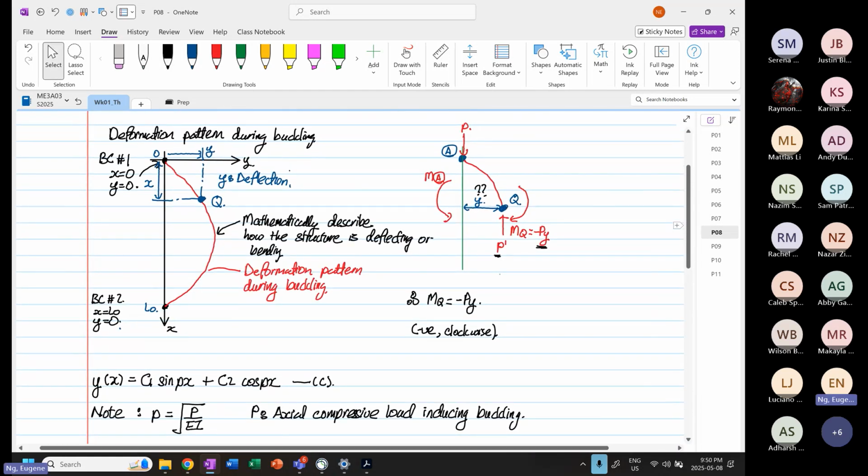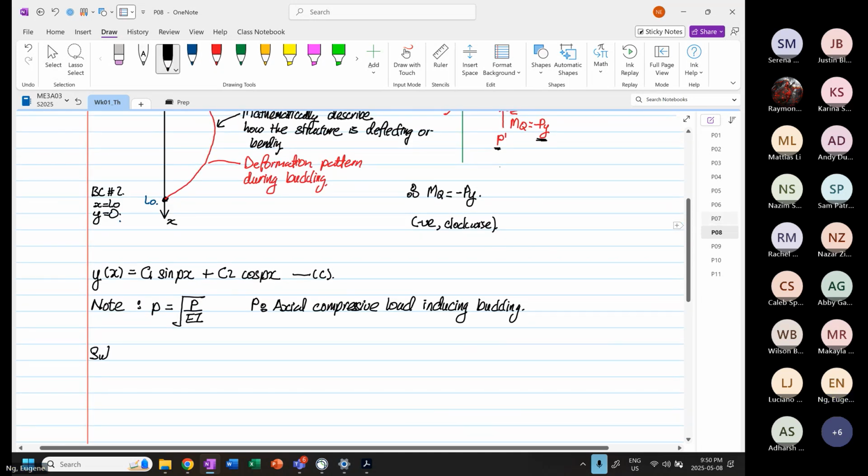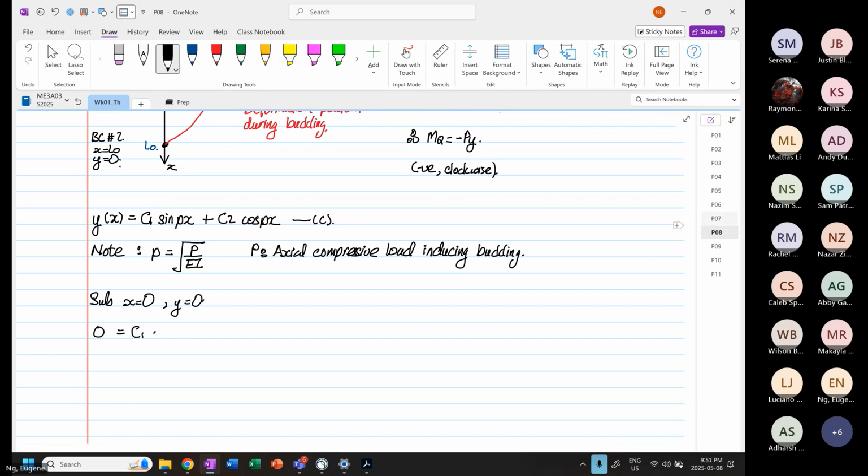So we look at boundary condition number 1. We're going to substitute when x is equal to 0, y is also equal to 0. So 0 is equal to C1 sine P multiplied by 0 plus C2 cos P0.